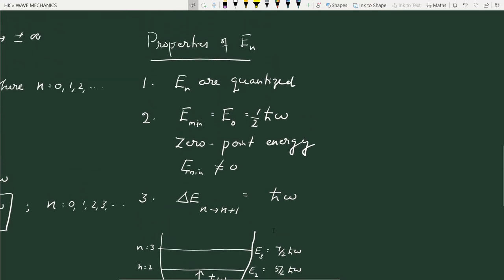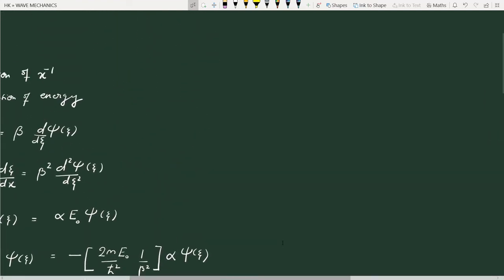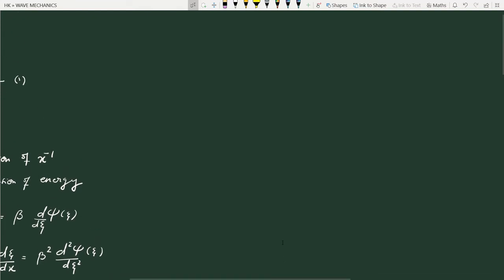Now let us go over to the wave functions or eigenfunctions. Again, I am not going into the detailed solutions. I will just write down the wave function here. The solution of the Schrodinger equation will be like this: psi n of theta in terms of dimensionless variables. Its expression is some constant A, which is a normalization constant, into H n theta.